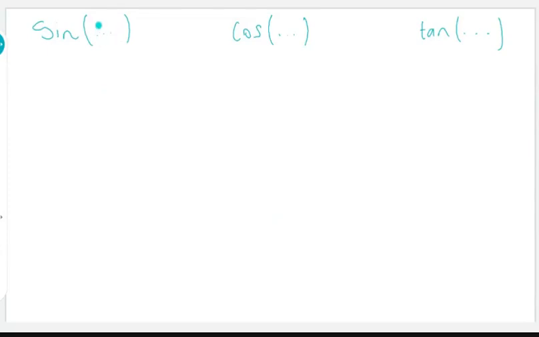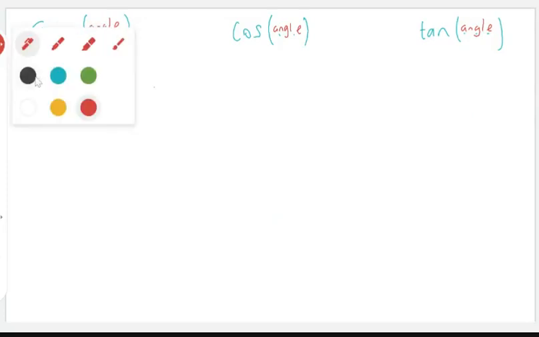In the case that we're using it, it's always going to be an angle inside. So it's going to be sine of an angle, cos of an angle, or tan of an angle in some way, shape, or form. So let me show you what I mean by that.